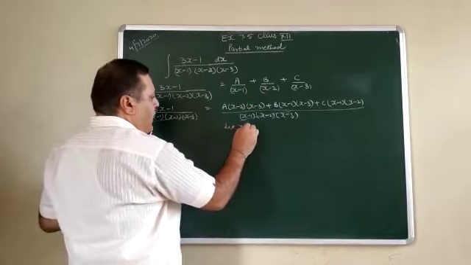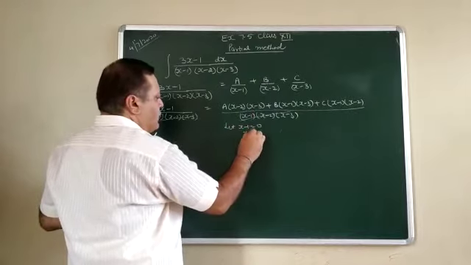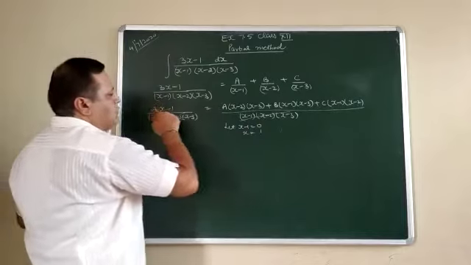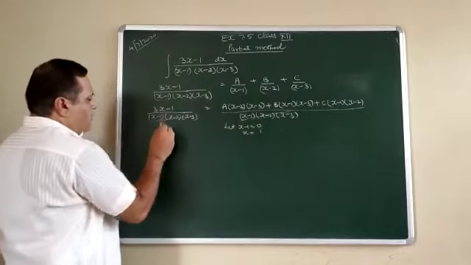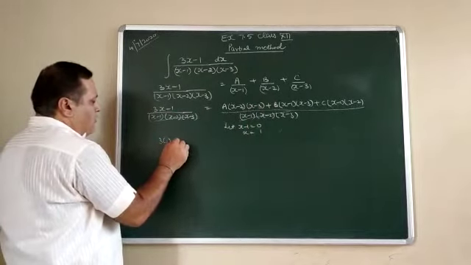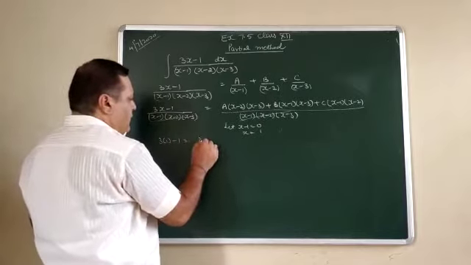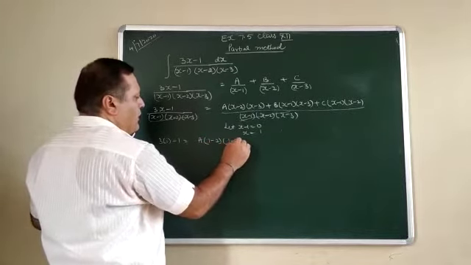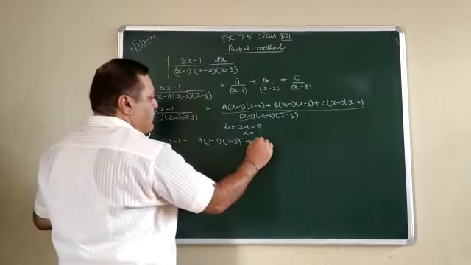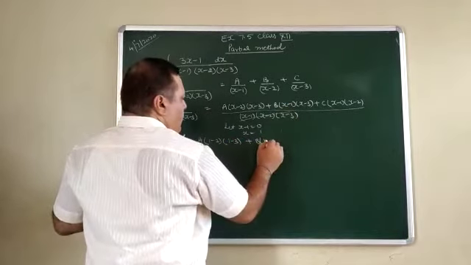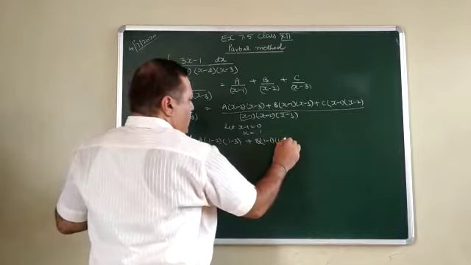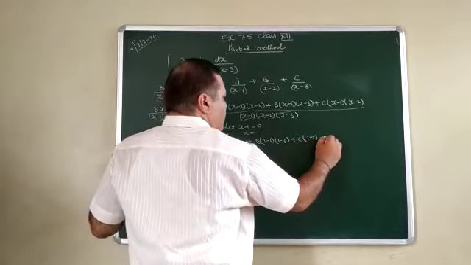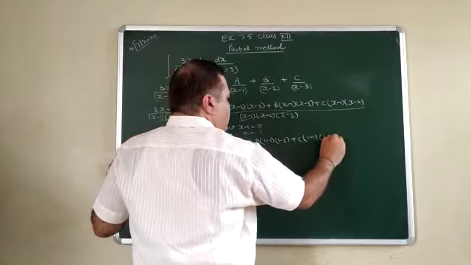Let x minus 1 equal 0, so x is equal to 1. Then substitute x equal to 1 in this equation. 3 into (1 minus 1) is equal to A into (1 minus 2)(1 minus 3) plus B into (1 minus 1)(1 minus 3) plus C into (1 minus 1)(1 minus 2).